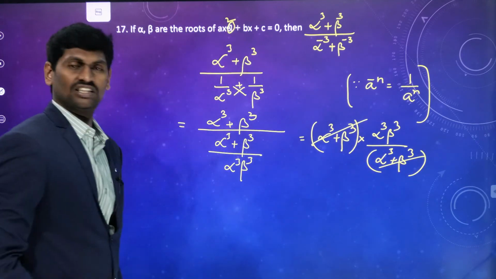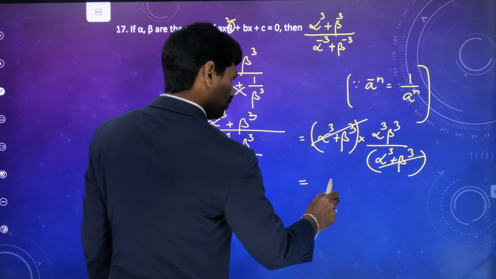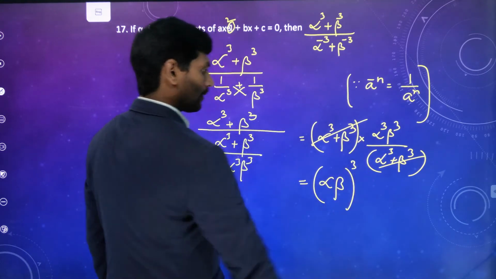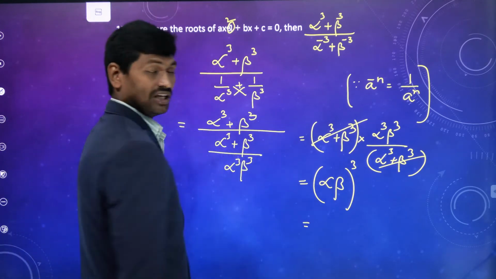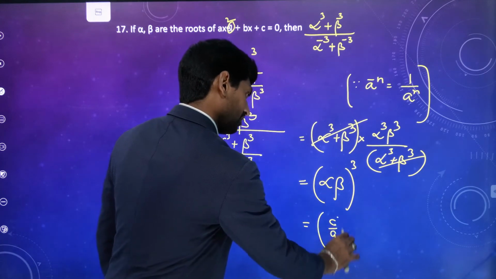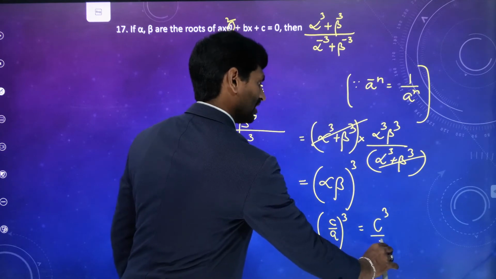Numerator denominator cancel, only remains alpha cube into beta cube. I can write alpha cube into beta cube as alpha into beta whole cube. Alpha beta product of roots formula c by a. C by a whole cube, nothing but c cube by a cube. Done.